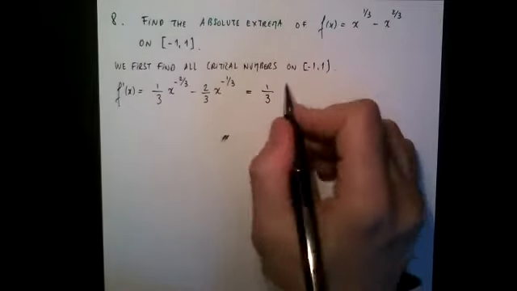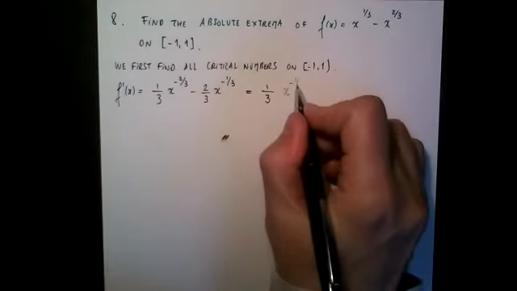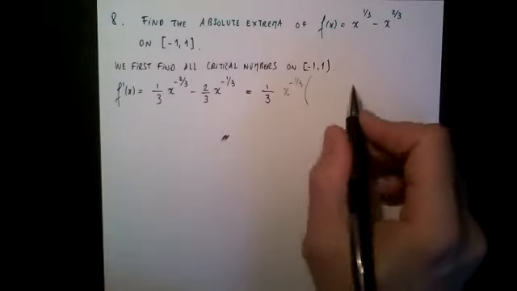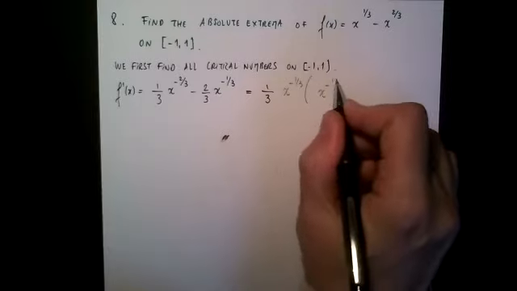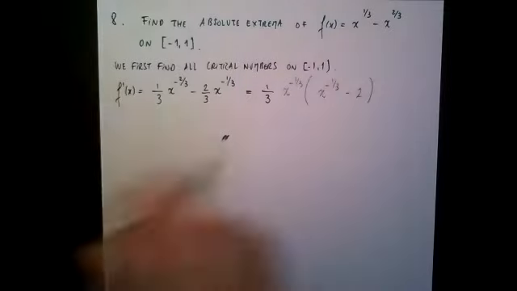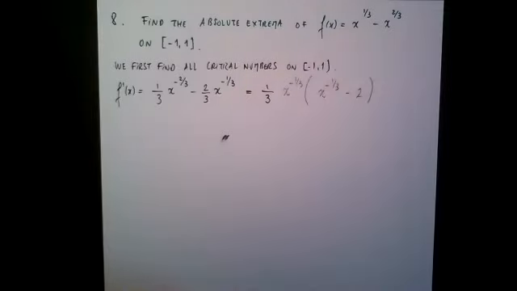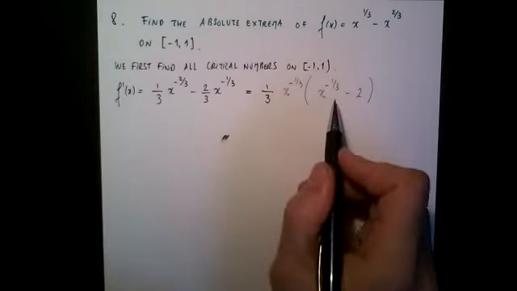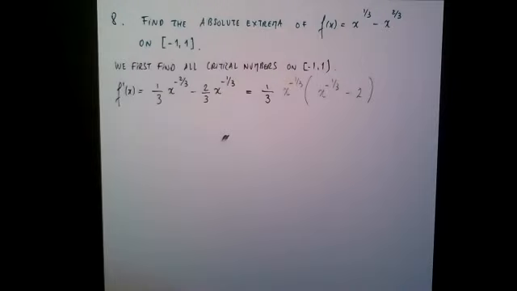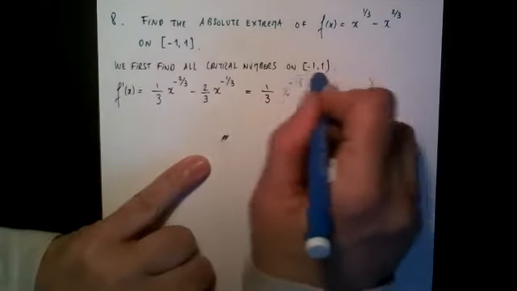So let's say I'm following your track. I pull out x to the -1/3. So what's here? x to the -1/3 minus 2. You understand? I still have a negative here. So that's not very useful. Okay, so we have to find something else.